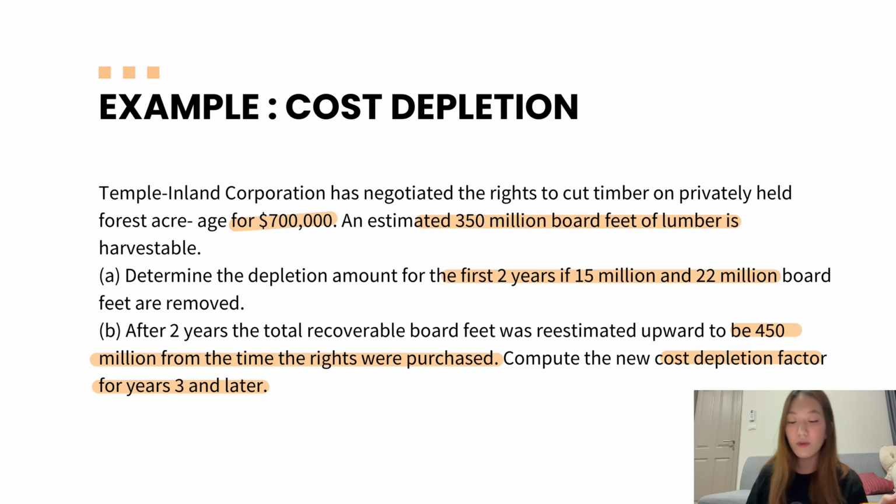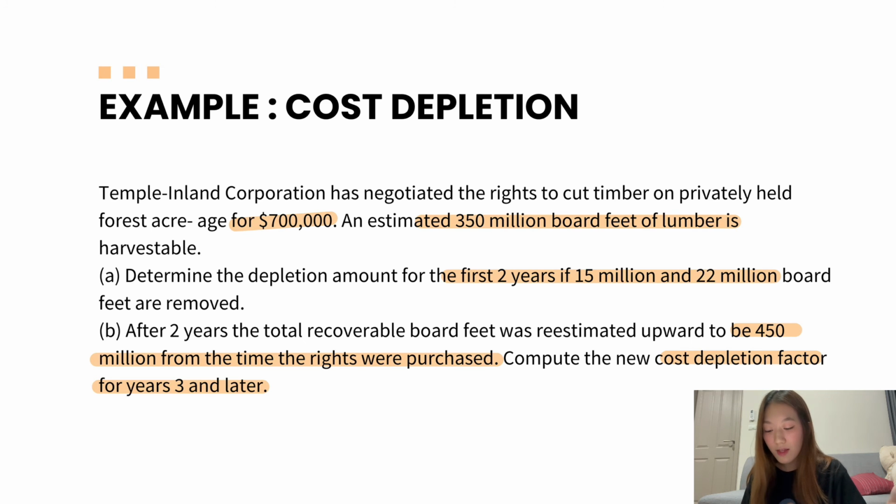In the first example of cost depreciation, Temple Inland Corporation had negotiated the right to cut timber on privately held forest acre for $70,000 and estimated 350 million board feet of lumber is harvestable.